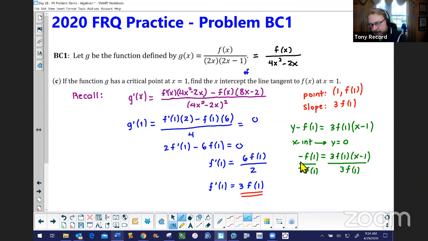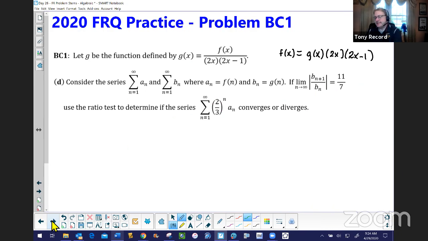You end up with negative 1/3 on the left side, and then just simply an expression of x on the right side that you can solve for by adding 1 over, and x equals 2/3 is where that x-intercept is. So a very neat conceptual problem that really won't allow you to rely on a Google search, a photo math process, or a CAS calculator. Very well written problem. Brian did a great job with that one.